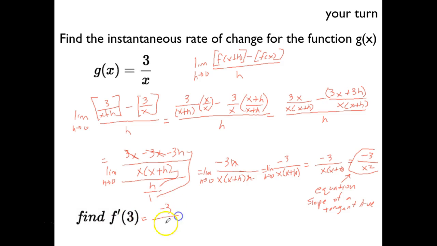Negative 3 over 3 squared. That's going to give us negative 3 over 9, which is negative 1/3. That's the slope at x equals 3. Okay? Remember, the slope on this graph is going to be different everywhere, but at 3 it's negative 1/3.